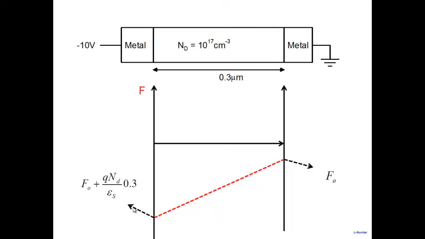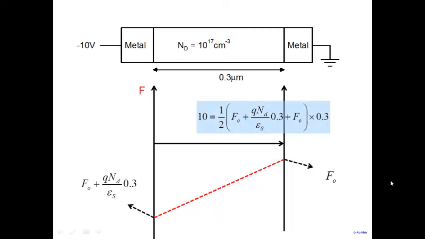Don't make a mistake: the area under the curve is 10. It is not 10.7. It's 10. Then you solve this and you will get F0. I'll sketch it for you and show. You get F0 and then you get everything else. You get the field here, you get the field here, and all that.